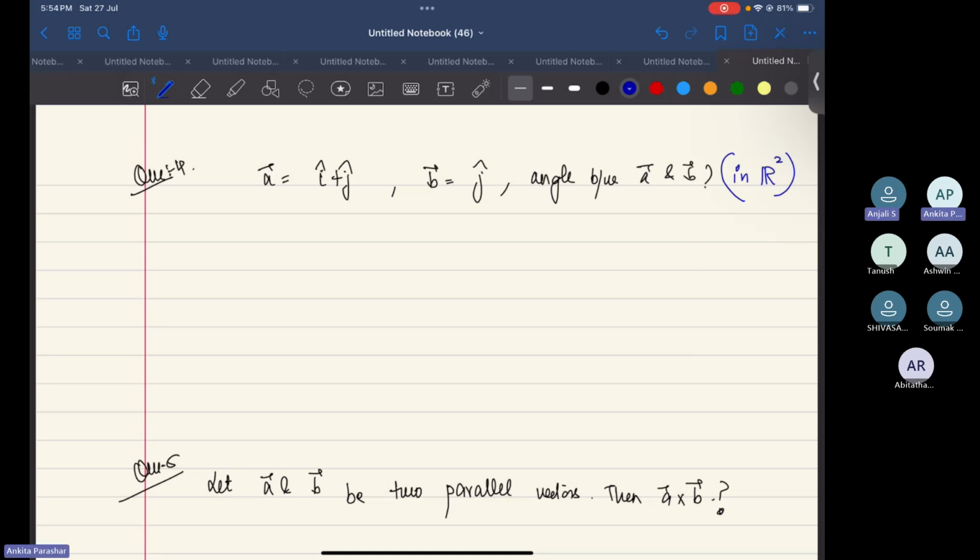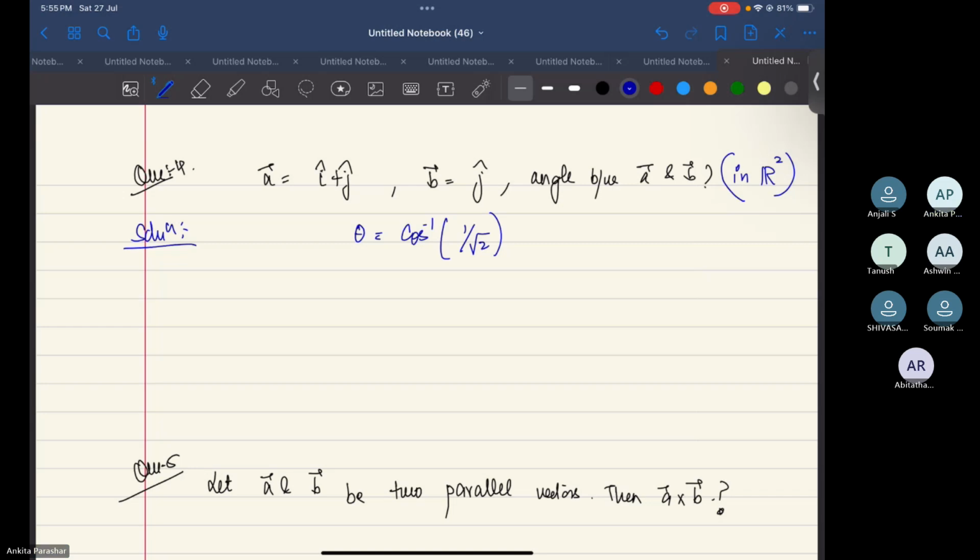Answers? Ma'am, theta is cos inverse of 2 over root 5. Yeah, no, I doubt it. Maybe you check once again. 1 over root 2, sorry. Okay, so your theta is cos inverse 1 over root 2.